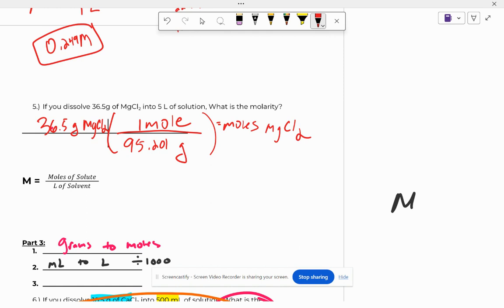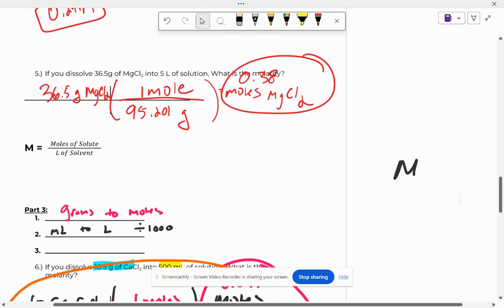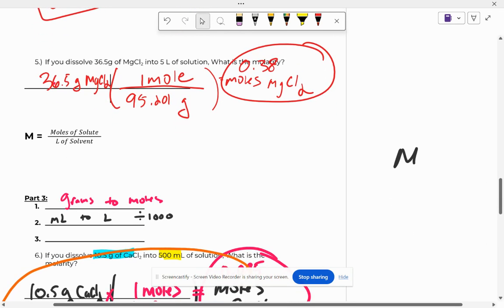Then I plug it in: 36.5 times 1 divided by 95.201. I'm going to get 0.38 moles. Then what do I do after that?